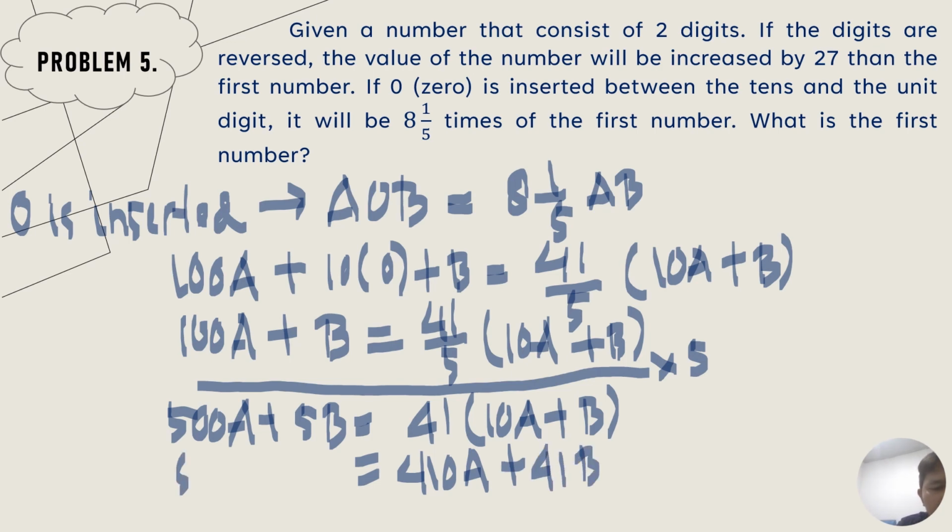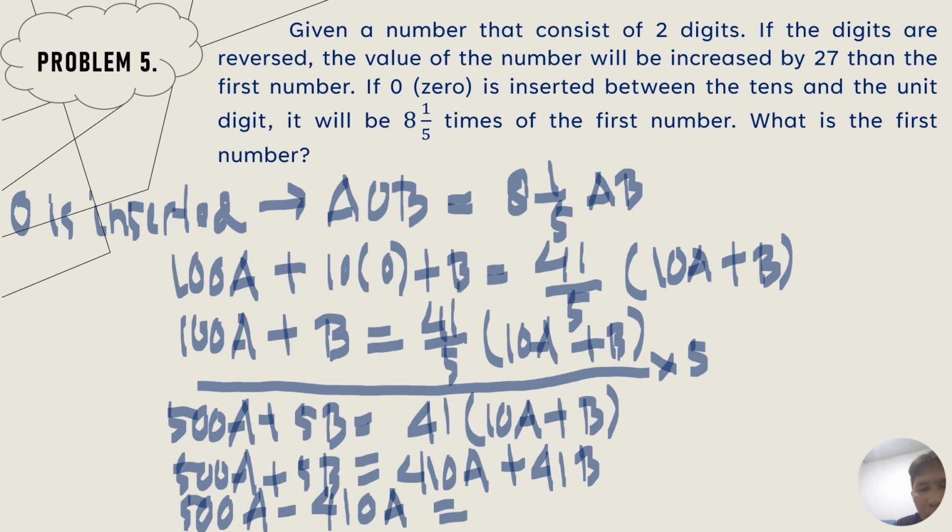This is 500A plus 5B. Then we have 500A minus 810A equals 81B minus 5B. Okay, no more space. Let us continue to the next slide.